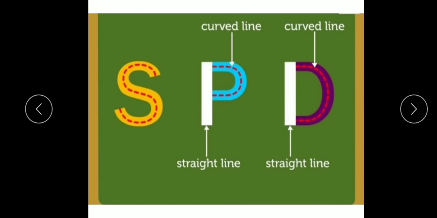Look at the letter S. It is made up of curved line. The letter P is made up of both straight line and curved line. The letter D is also made up of straight line and curved line.